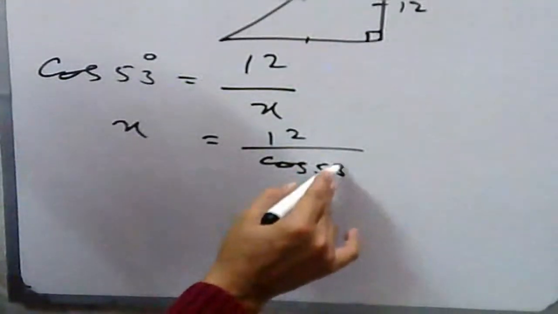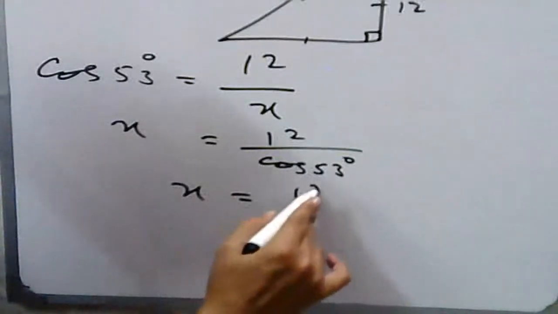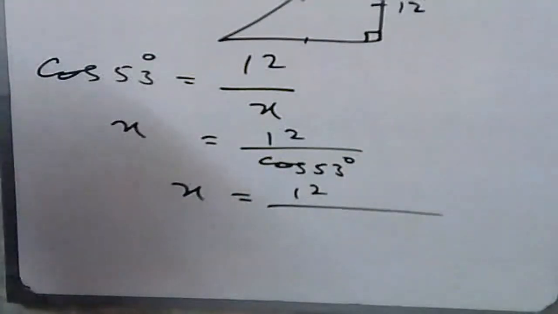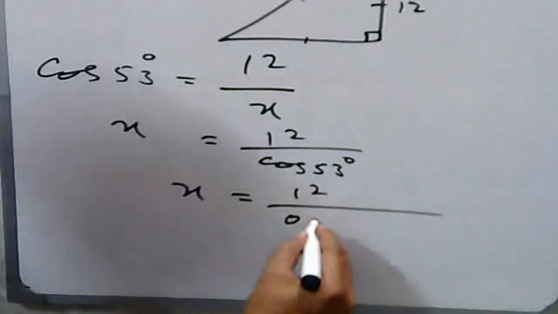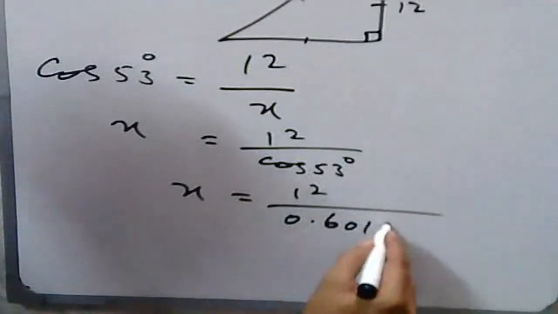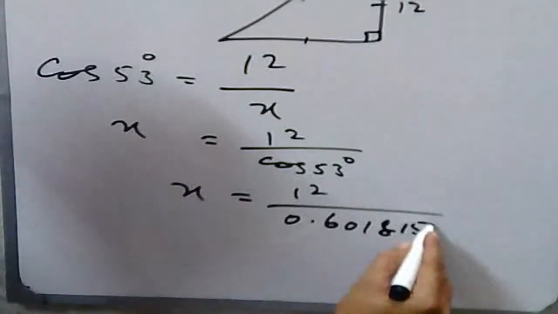So what is the value of cos 53? You can find it with the help of calculator. So the value is 0.601815.